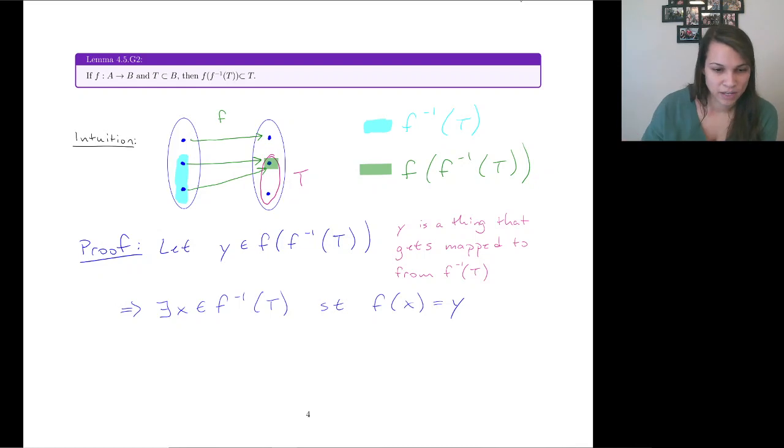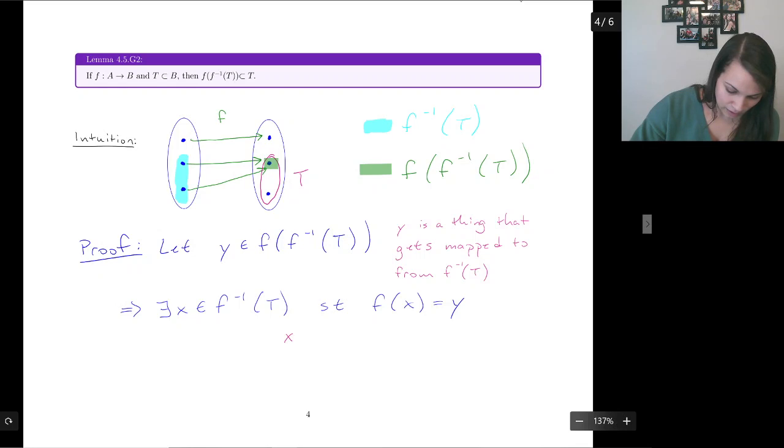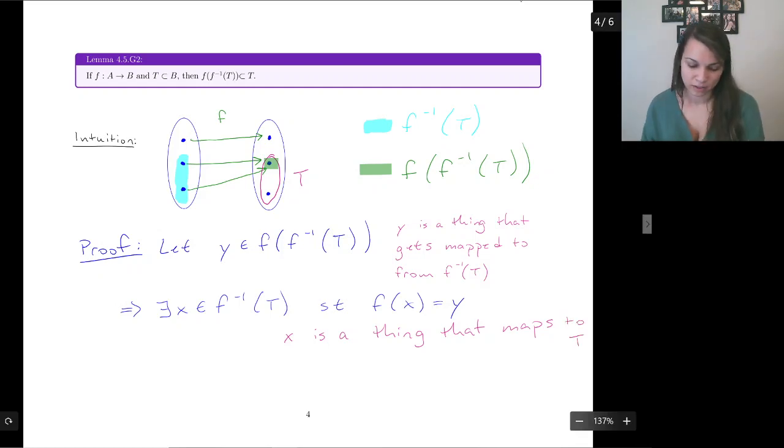Okay. So then from here, what do we know about x? Well, we know that x is in the pre-image. So that means x is a thing that maps to T. That's what it means to be in the pre-image.